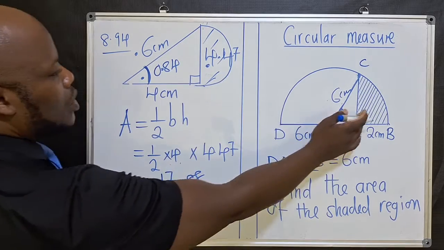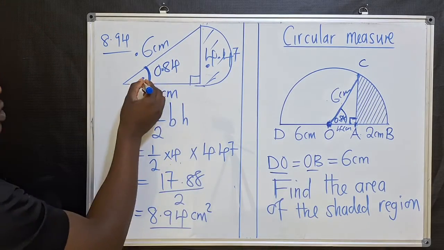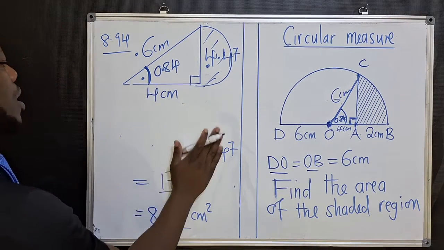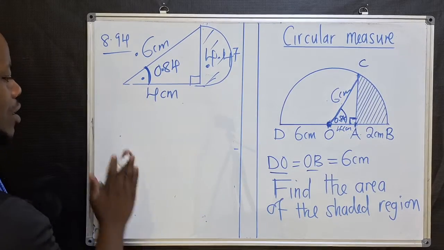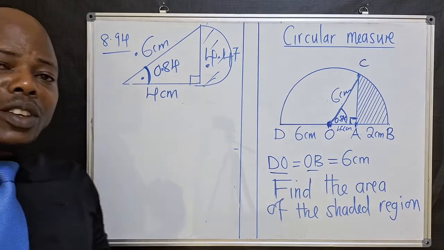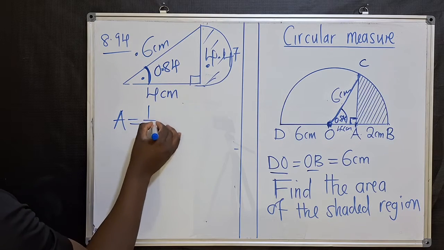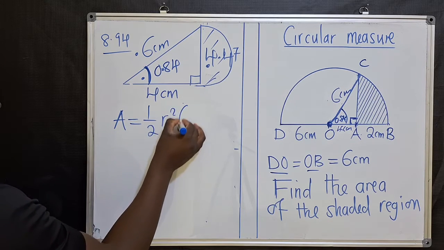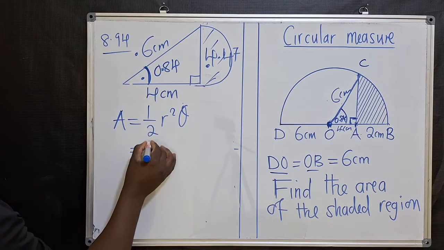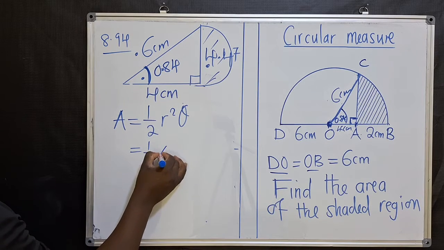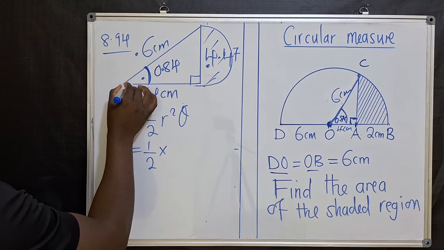So this will be a sector. When you want to find the area of a sector in radians, you just say area is equal to 1/2 r squared theta. So it will be 1/2 times, what is our radius?